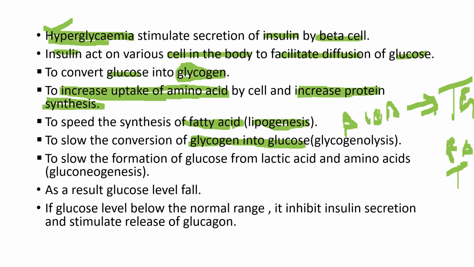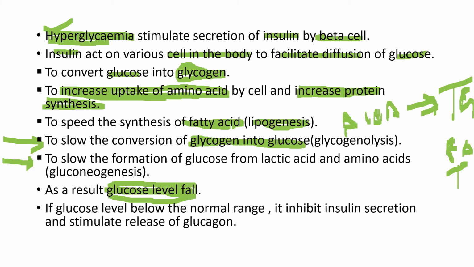It also slows the formation of glucose from lactic acid and amino acids. So these two are slowed down in the presence of insulin. Remember, as a result, the blood glucose level falls.